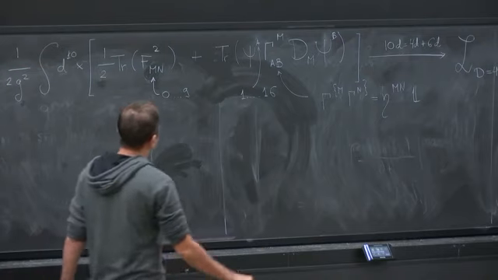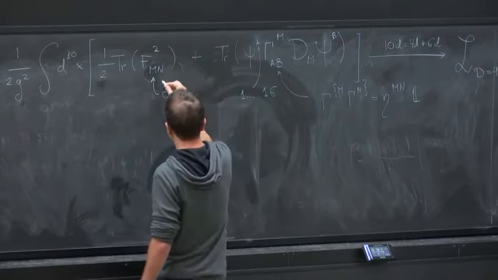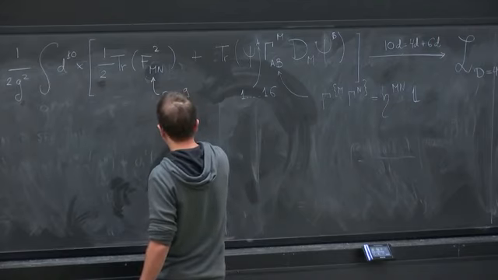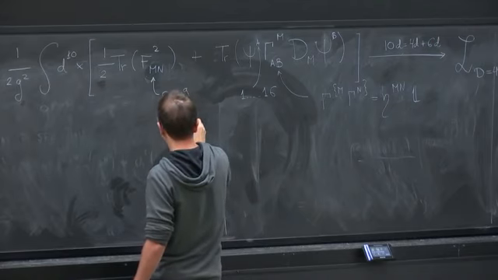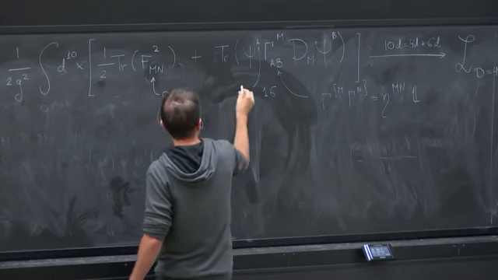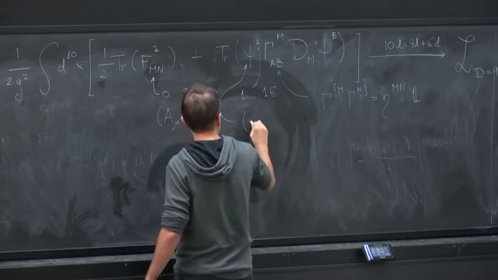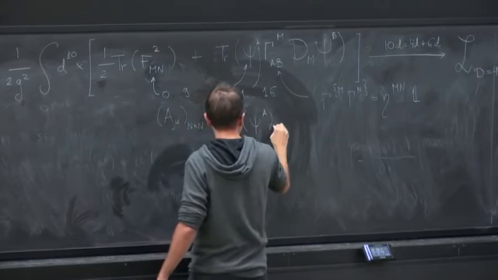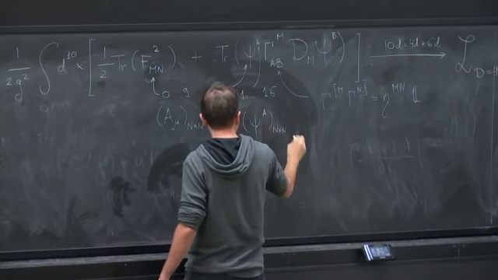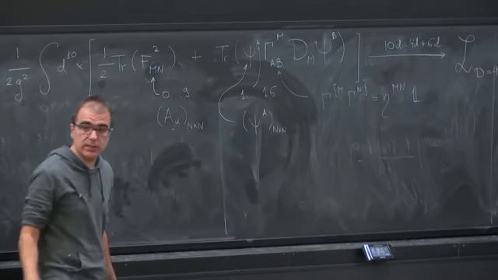And all these fields are matrices. Here, A_mu, like we said before, is an N times N matrix. So is psi. This psi_A is also an N by N matrix, transforming in the adjoint of the gauge group.